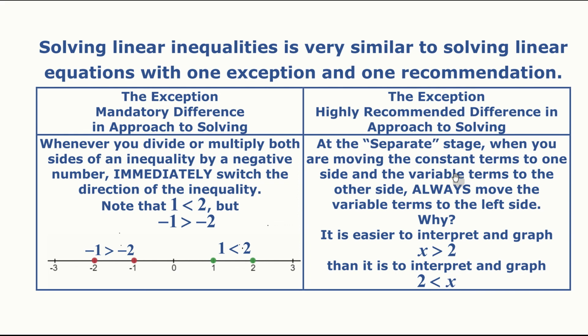Because sometimes when we're solving equations, we move them to the left side, sometimes we move them to the right side, depending on where the coefficient is larger. Don't do that with linear inequalities. Always move the variable terms to the left side. And the reason for that is that this is much easier to read, interpret, and graph than this. So that's why the recommendation to do so.